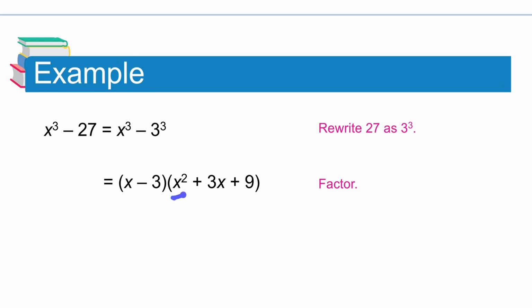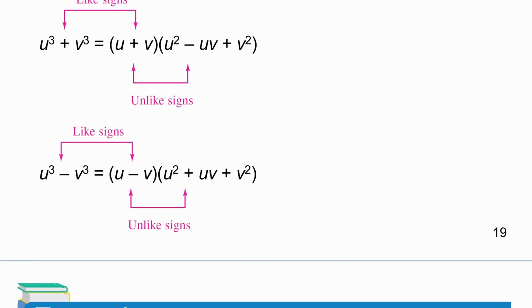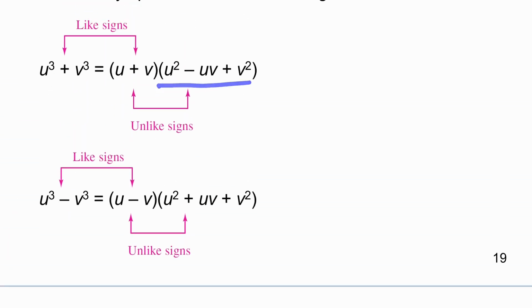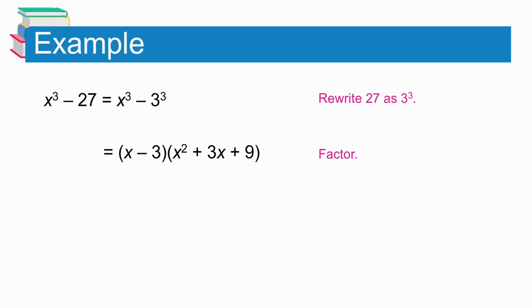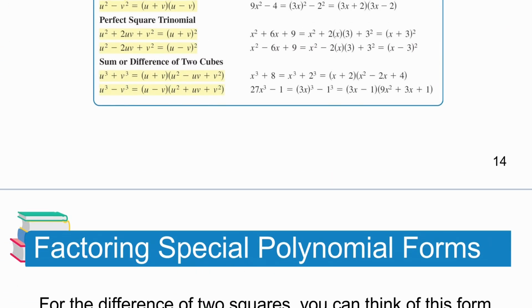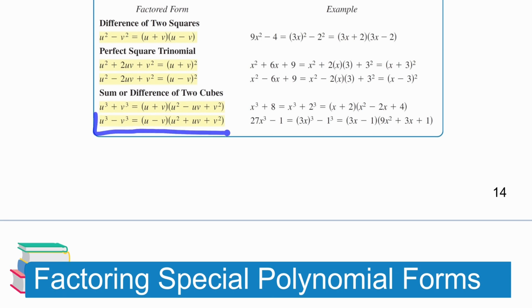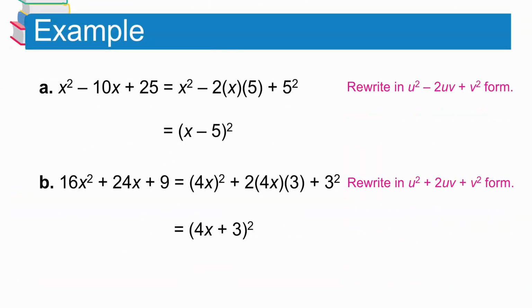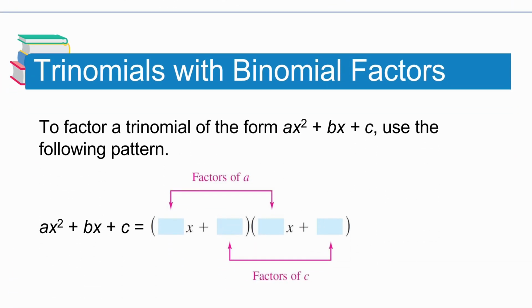So the u squared, the v squared, and then this is just u times v. And again, it's exactly the same values here and here, the difference being these signs. And so that's the difference between two cubes. And again, that's going back all the way up here and using this formula that will be on your formula card to write that out. So keep that handy.